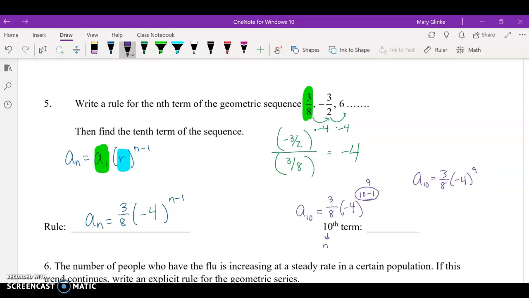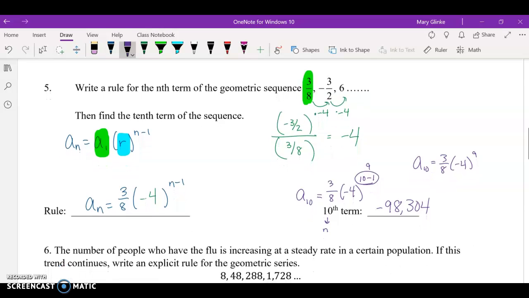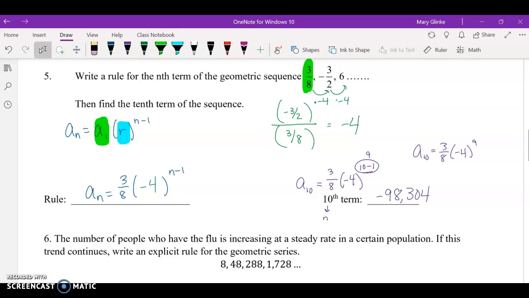You're going to type this in on your calculator just like that with the parentheses and everything, and you should get -98,304. If you don't, put a star next to this, and we can talk about it in class so that we can make sure you're using your calculator appropriately.